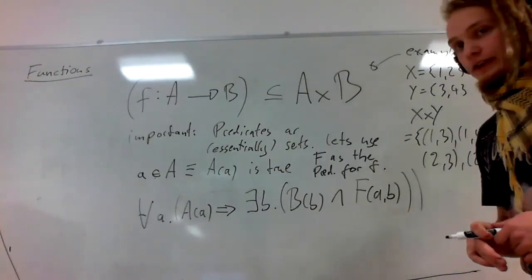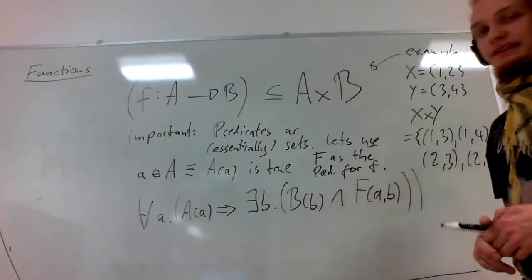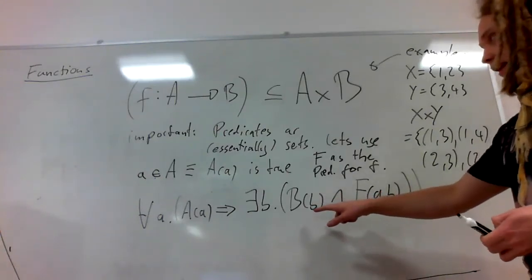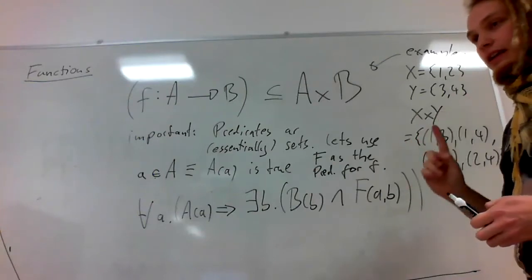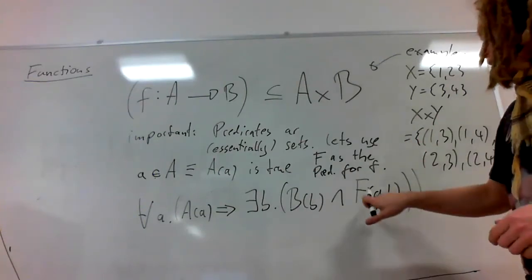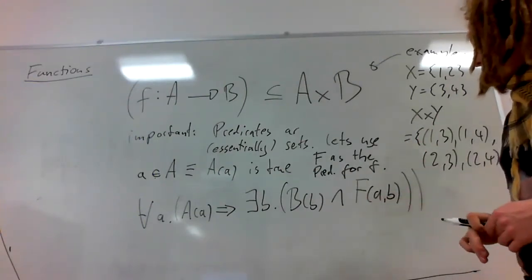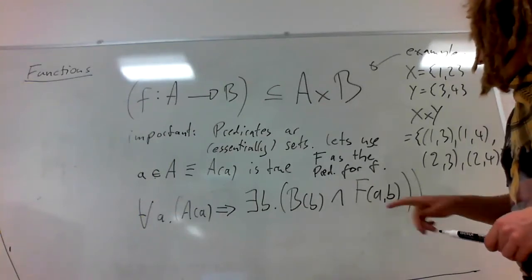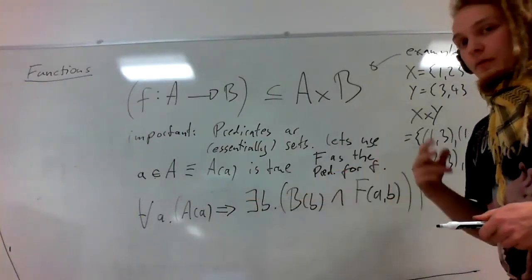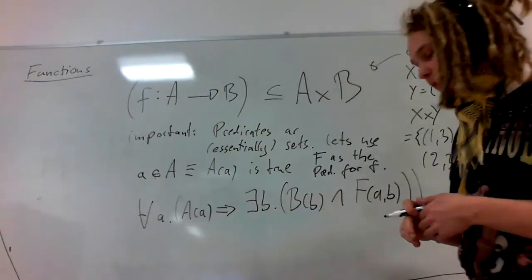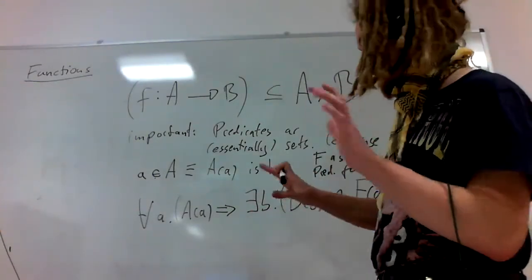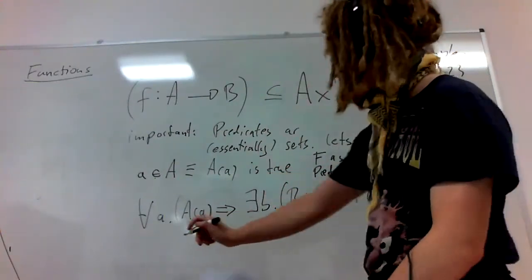The other important thing is that it is not only that it maps to some element, but it maps to exactly one element. So this is basically saying each A is present, but we need a second condition. For that, we need to extend our predicate logic a little. Let me just show how it looks.